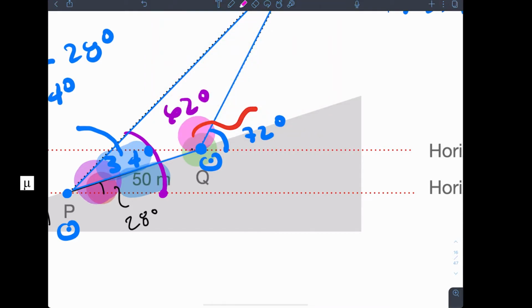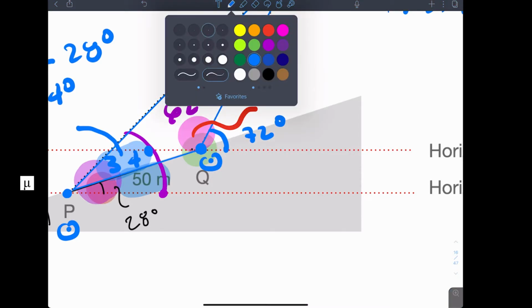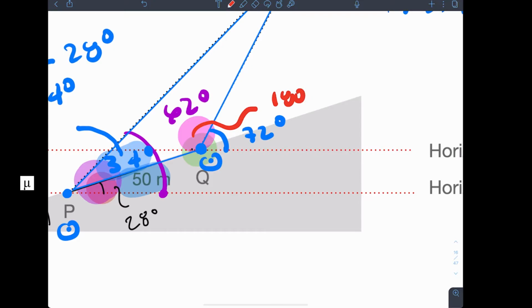So how do I get, I'm running out of colors. I could get this angle easily here in pink. What is that going to be in pink? 180 minus 72. And that's going to be 108 degrees, okay? So in pink, we got 108 degrees. But what's this total angle? Right?